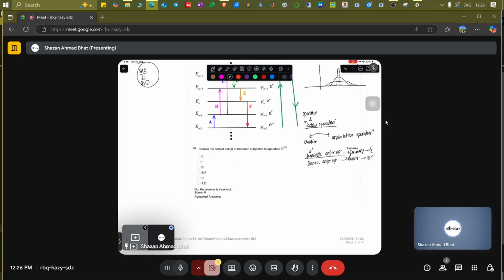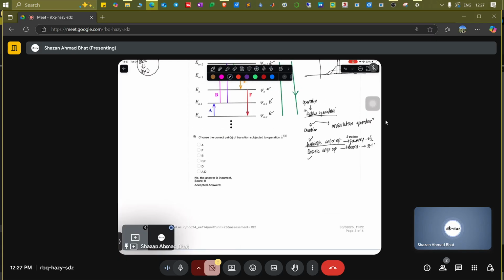Now, how do you want to understand it? I'll give you an example. Let's say you're talking about a quantum well, an infinite quantum well, with some discretized energies. As you go up, the spacing between the energies keeps increasing. Let's say this is E1, E2, E3, E4.